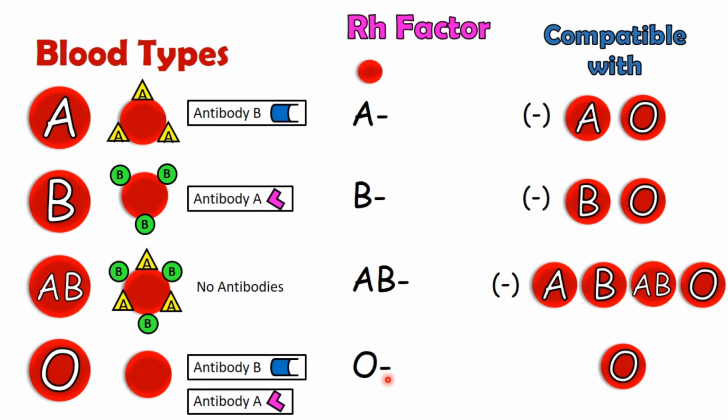And lastly, O negative only receives from negative O only, which is the blood type O that has the negative sign.